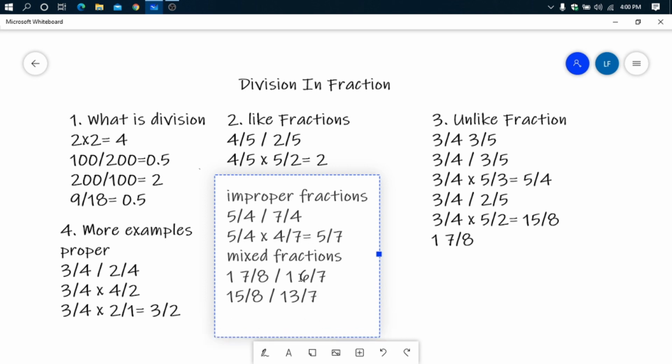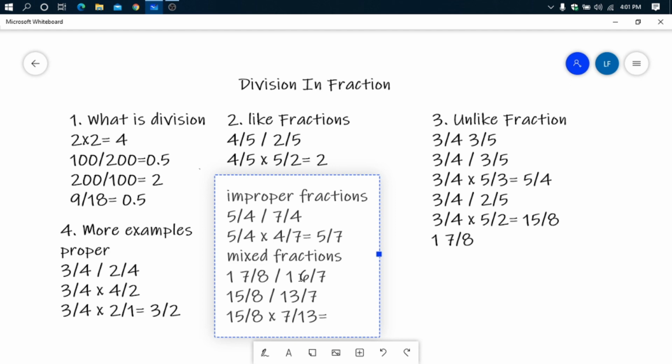Now is the time where we take the reciprocal. So 15 by 8 multiplied by 7 by 13. Now, as you can see, none of them can be cancelled. So we multiply the numerators and we multiply the denominators.